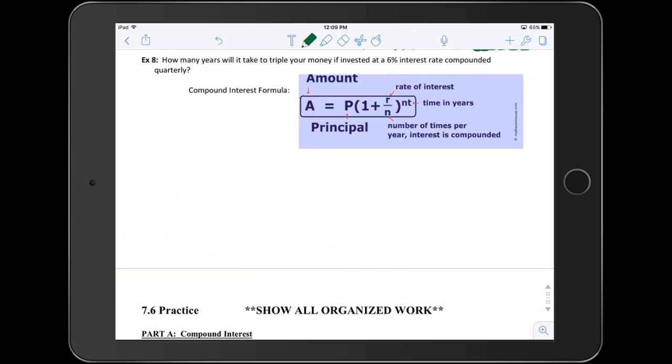It says, how many years will it take to triple your money if you invest at a 6% interest rate? This is a little bit more typical of an interest rate in, let's say, a 401k, if you're lucky, assuming that you're not talking about 2008, 2009, or in the past, because everyone lost money. Anyway, so looking at this, it's compounded quarterly.